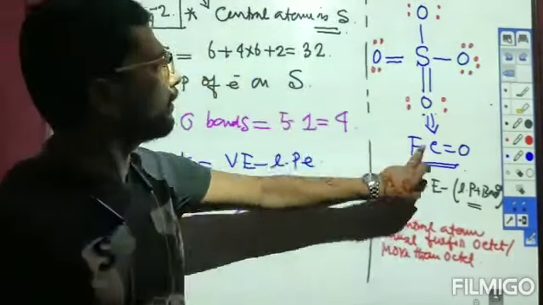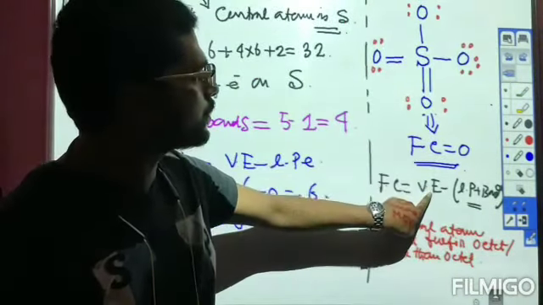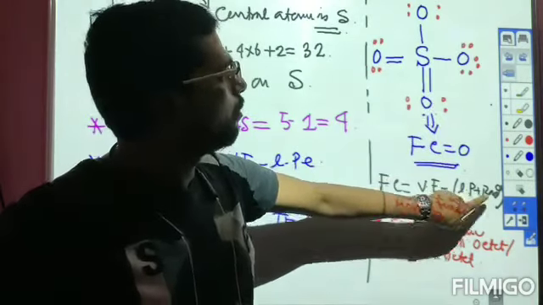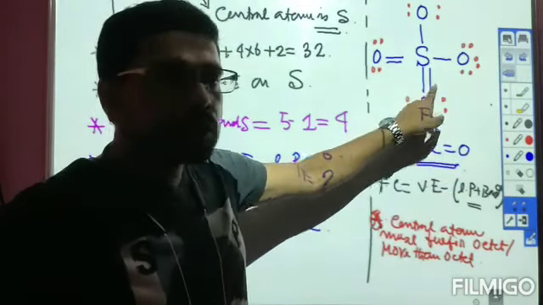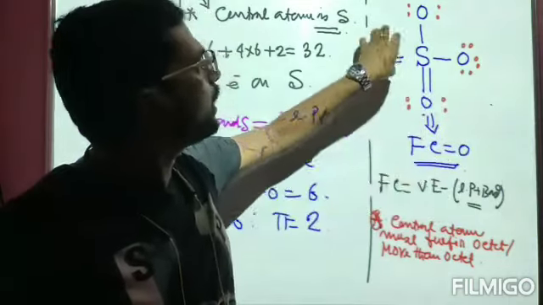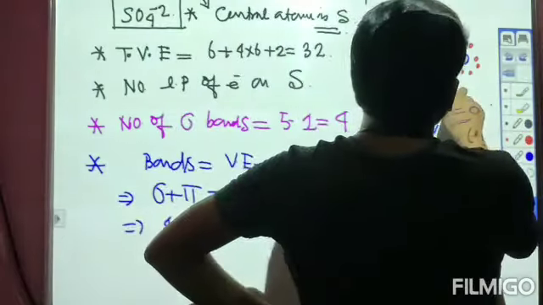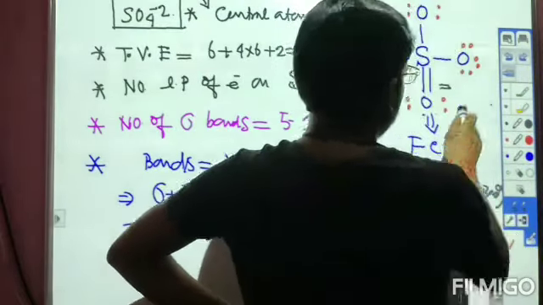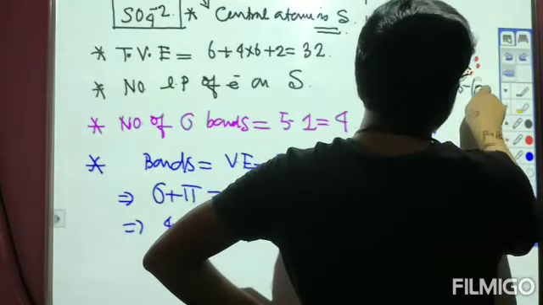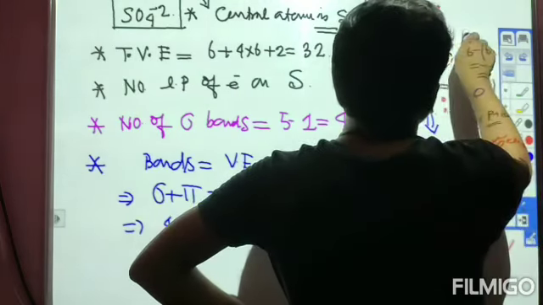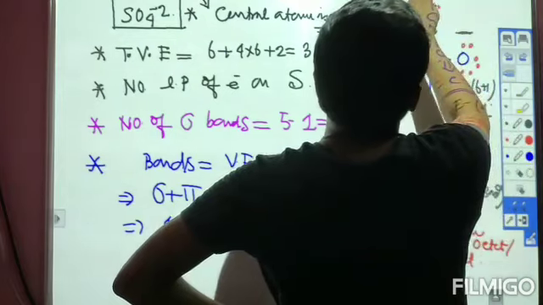So if you put the valence electron 6, lone pair 4, bonds 2, there won't be any formal charge here. Here formal charge is there. Valence electron 6 minus 6 plus 1, that will give you minus 1. So minus 1 and minus 1.